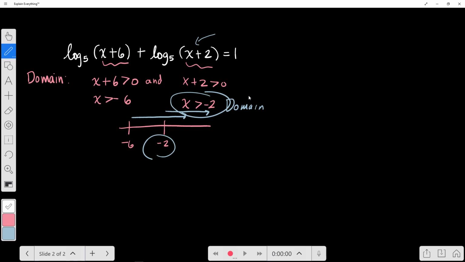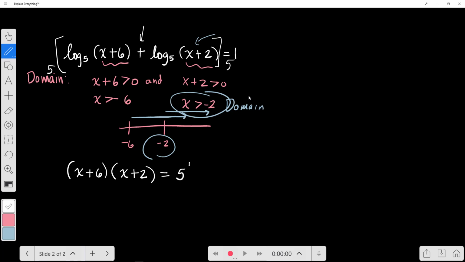Since I have the same bases, I can write x plus 6 times x plus 2. Why is it times? Because the logs are being added. It equals, and if I'm using base 5 on this side, I have to use the same base on the other side, so that would be 5 to the first power.